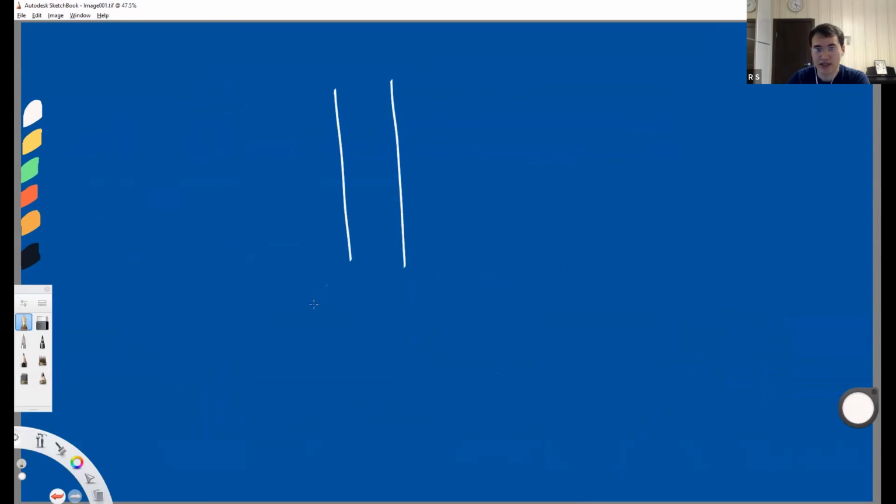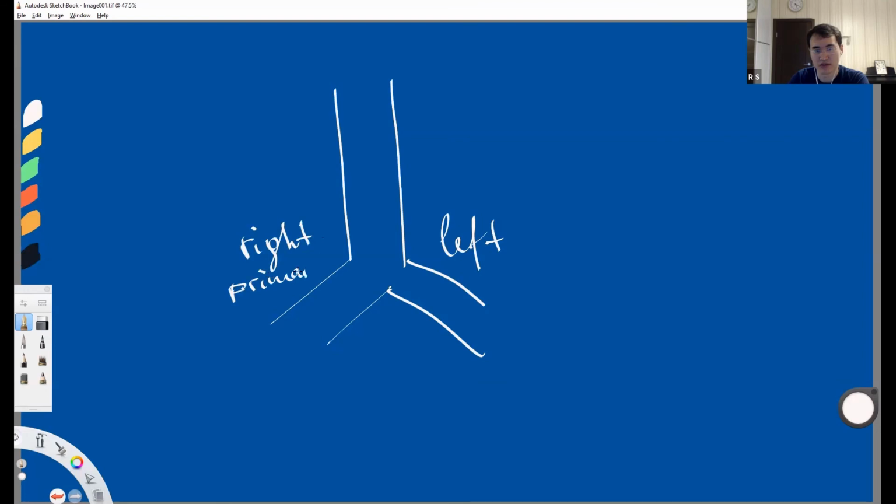So we have the trachea here, and it divides into two bronchi, the left and right primary bronchus. If we talk about two bronchus, we say that it is two bronchi.